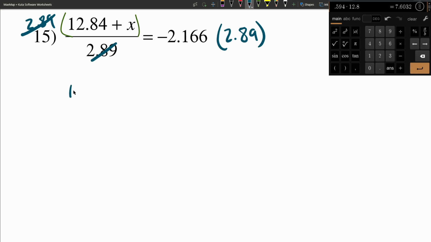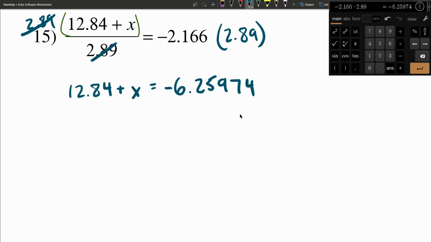So we're going to get 12.84 plus x equals, working this out on our calculator, that right-hand side, negative 2.166 times 2.89 is a negative 6.25974. Last and final step for this problem, since our x, our unknown, is added to 12.84, in order to isolate it, we need to subtract a 12.84.